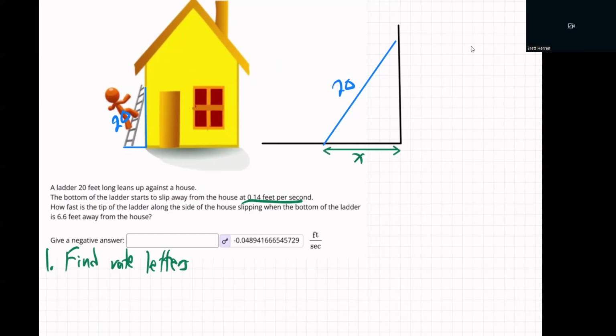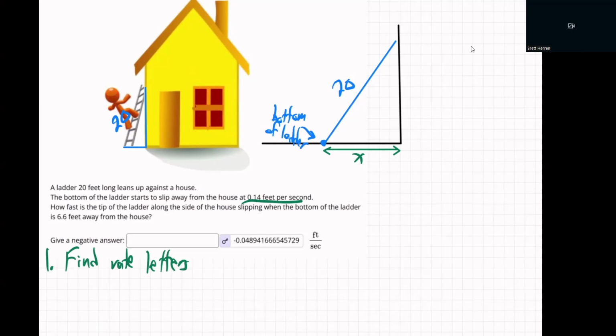That is x, right? That's how far the bottom of the ladder is, and it's slipping away from the side of the house.